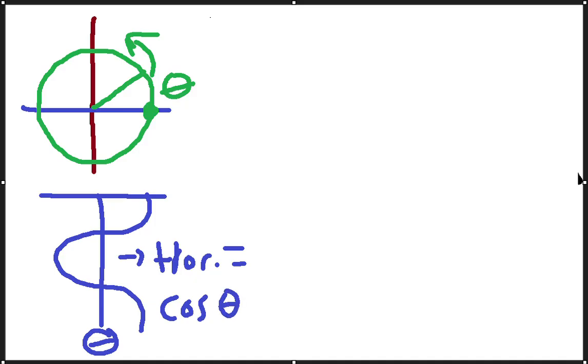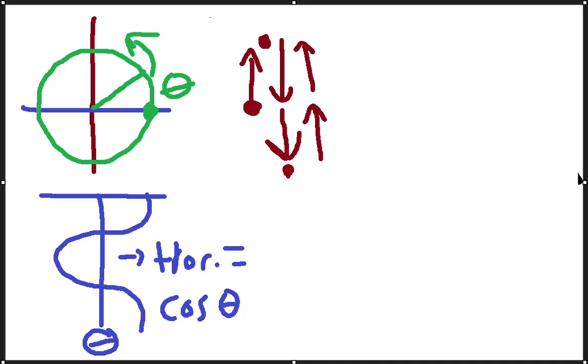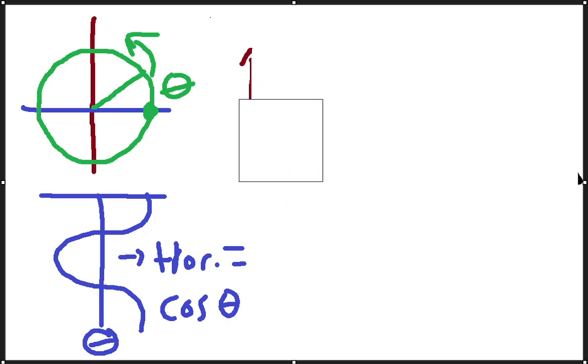Now onto the vertical component. Well, it'll start at 0, then go up, reach its maximum height, go down, back to 0, and then down again to the bottom, then go up again, back to the top. And this, you might recall, is a bit like a sine wave.